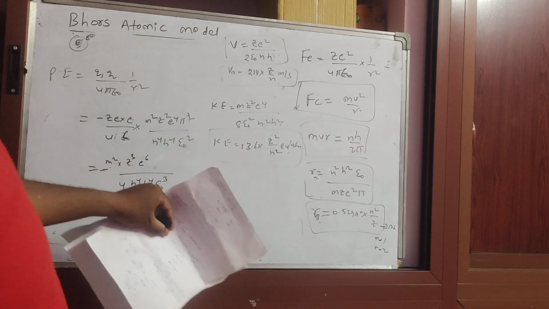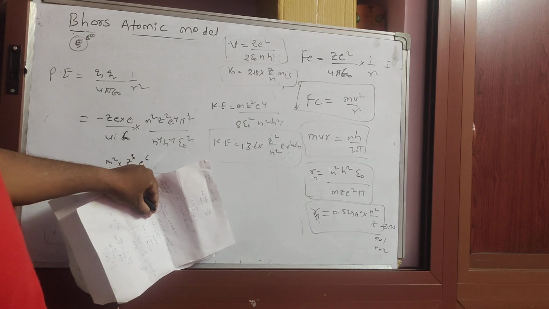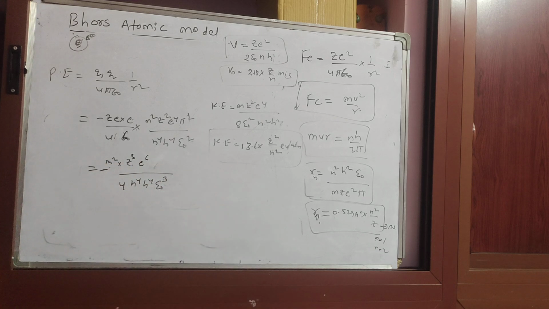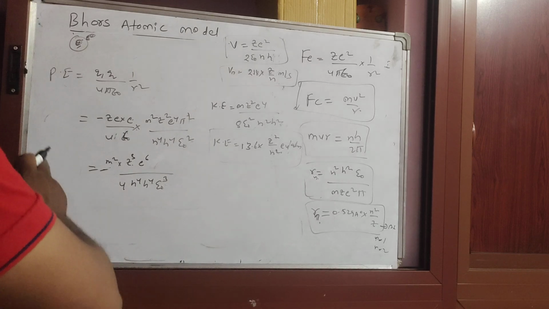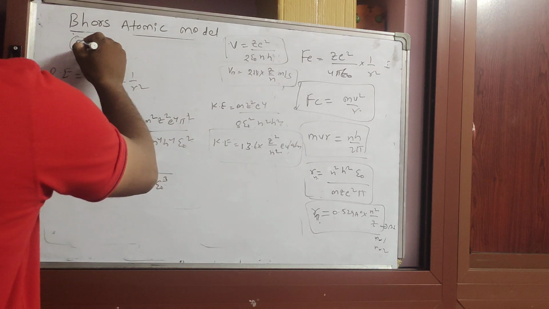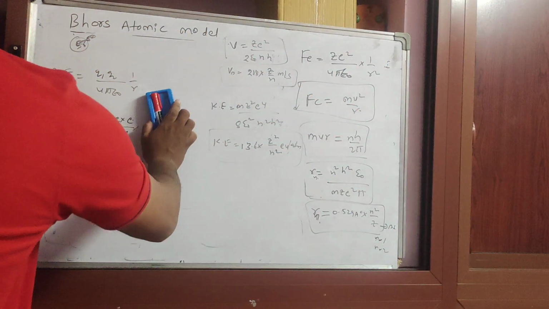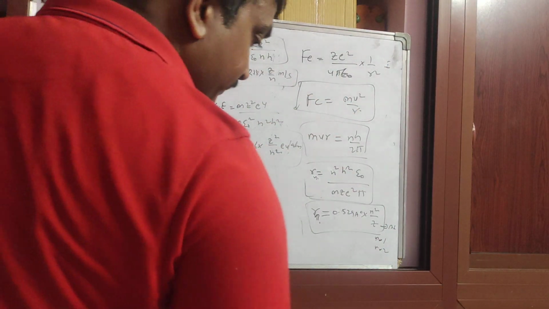Somewhere I made a mistake. The potential energy is for distance r, not r square. Some mistake, this is not r square. That's right.